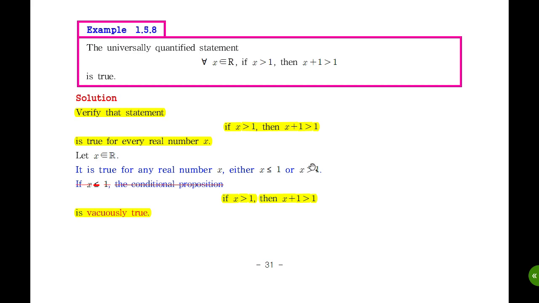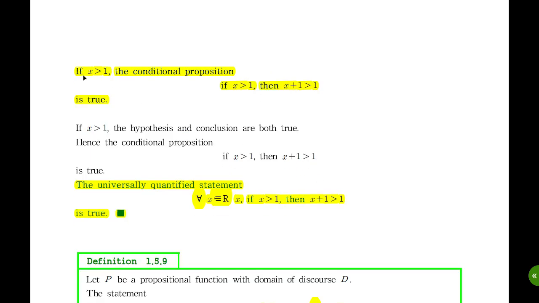So all we have to do is consider the other case. If x is bigger than 1, then x plus 1 should be bigger than 1, because the left-hand side is bigger than 2. So this is true.